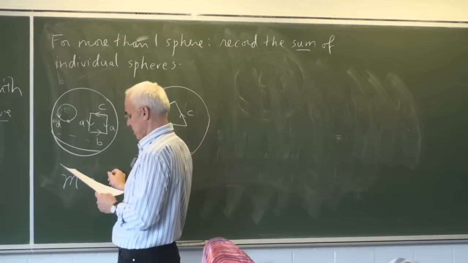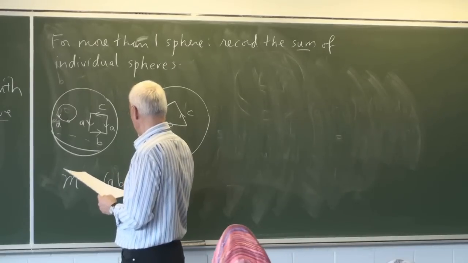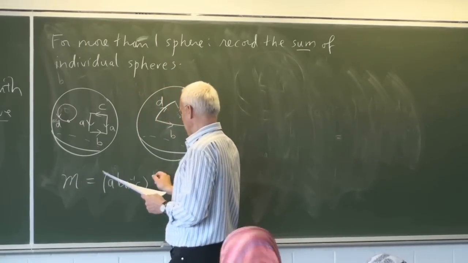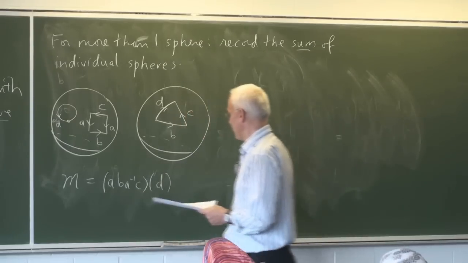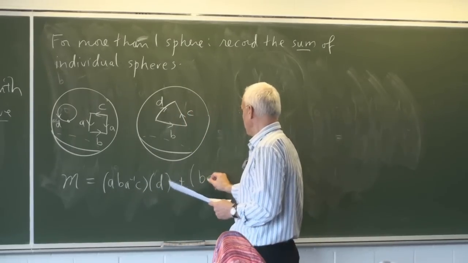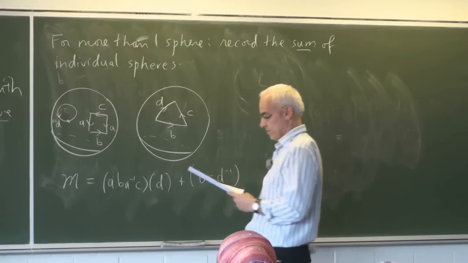So this one here would be the hole A, B, A inverse C, together with the hole D. And this one would be B, C, D inverse.